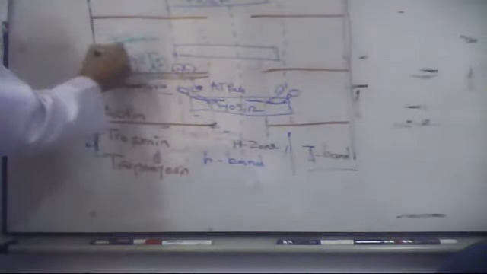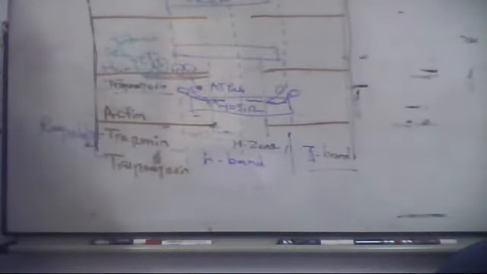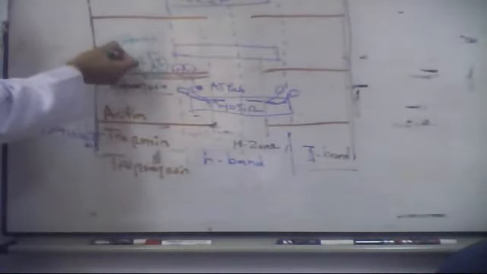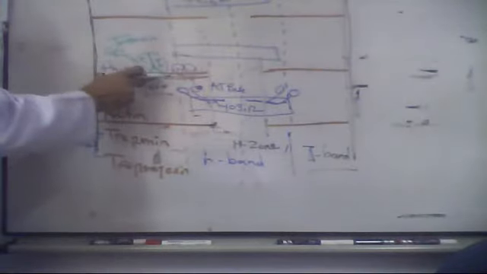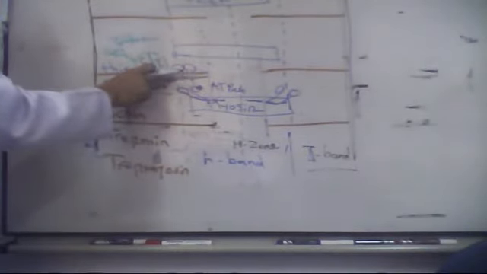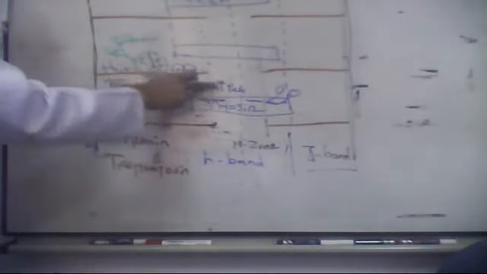Troponin specifically binds with calcium, especially troponin C. When troponin C binds with calcium, it produces conformational changes, a change in the shape or the position of the tropomyosin, producing movement of the tropomyosin away from the binding sites, allowing the head of myosin to bind with actin.